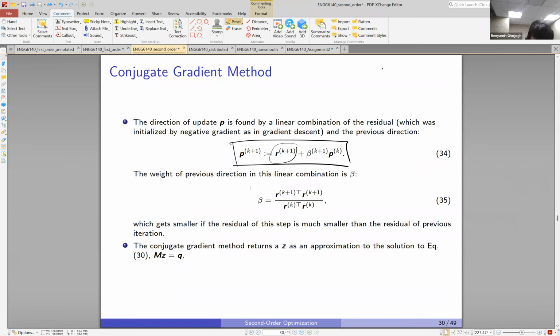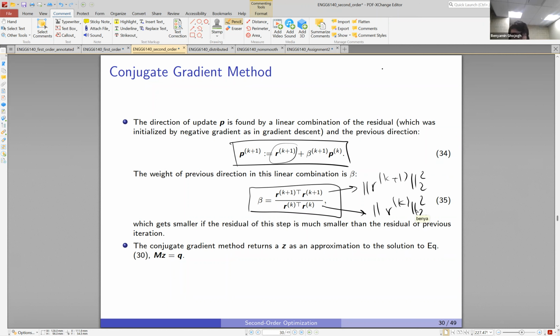Why? Because beta is defined as this. This is just r_{k+1}. This is the numerator. R transpose R is the squared L2 norm. And the denominator is the squared L2 norm of r_k, right?